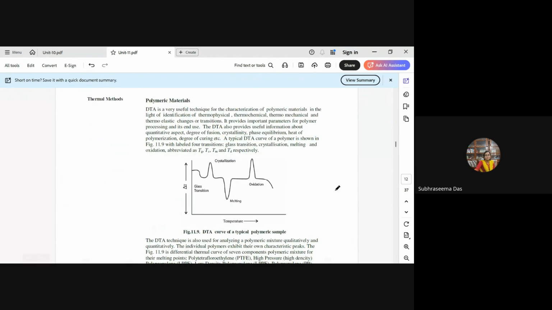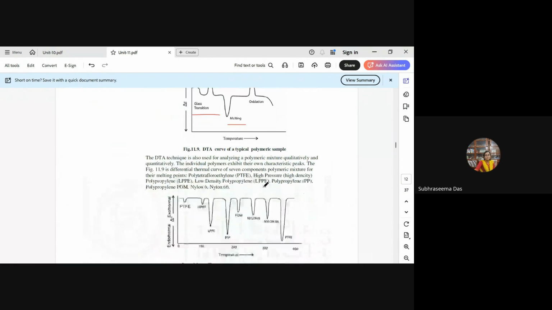Then DTA curves are also used for analysis of different types of organic, like polymeric materials. It provides important parameters like the TG, that is the glass transition temperature, TM, that is the melting temperature, TC, the crystallization temperature, and TD, that is the decomposition temperature of a particular polymer.